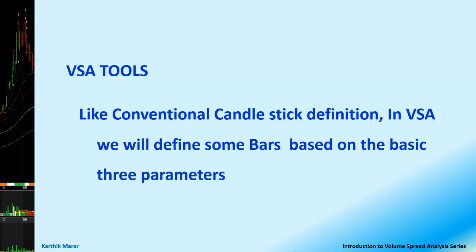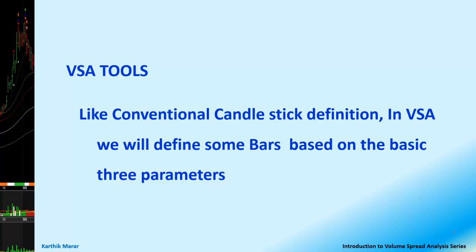In a similar manner, in VSA also, we will define some bars based on the three parameters, again giving certain names, and we interpret them as bullish or bearish, or in VSA terms, signs of strength or signs of weakness.